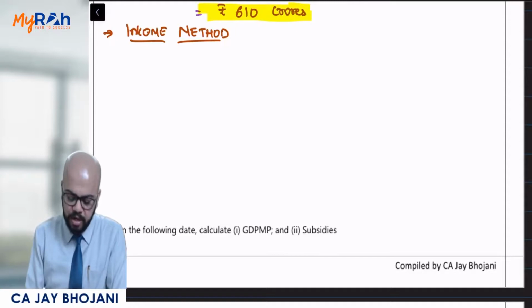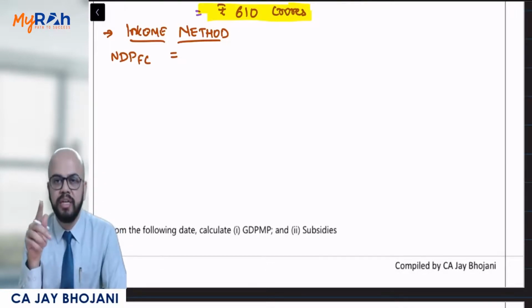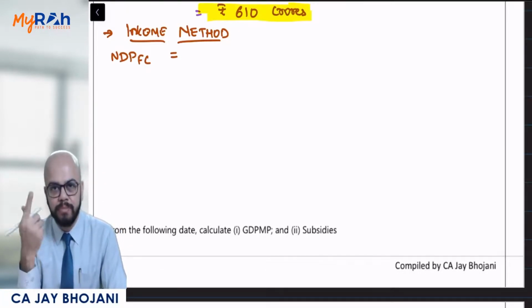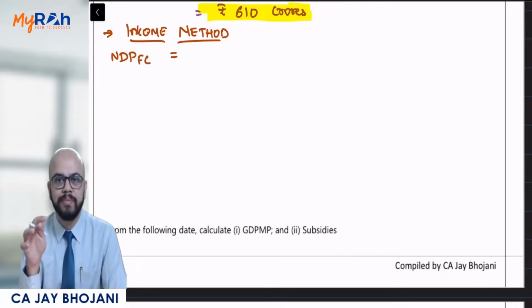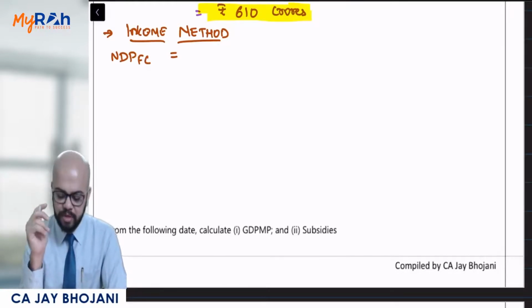Then we will convert it to GDP-MP. By the way, you have already calculated NDP-FC in the expenditure method as well, so this will be a cross tally for you. It will help you cross tally that your income method and expenditure method are both giving you the same answers.